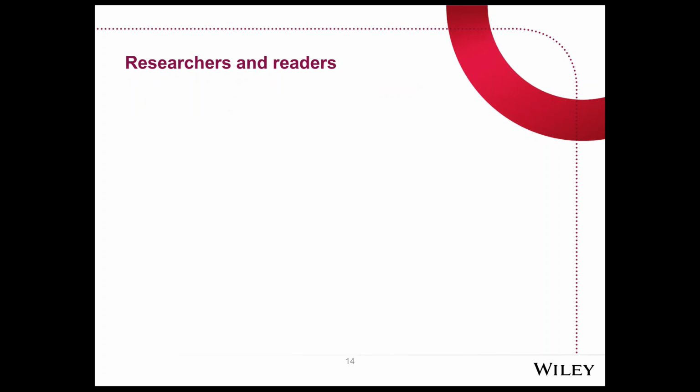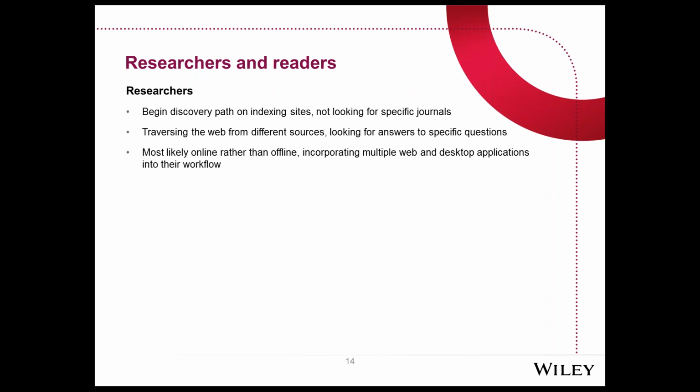I am getting a bit close to time, so I'm going to speed up here and just quickly run through something else that we're doing for another role that we believe our users have. When we talk about researchers and enhancing their experience and trying to engage them, we're talking about users who are on a discovery path to find an answer. They're looking for answers to specific questions.